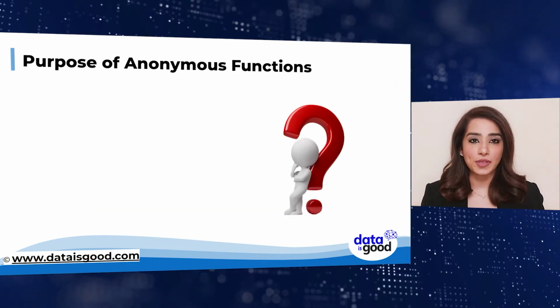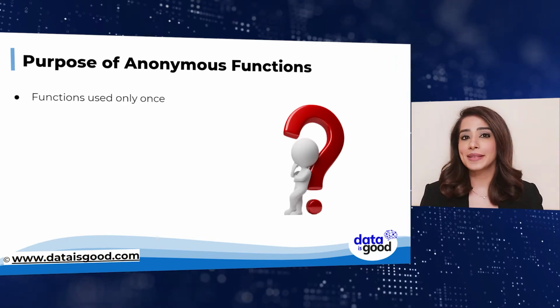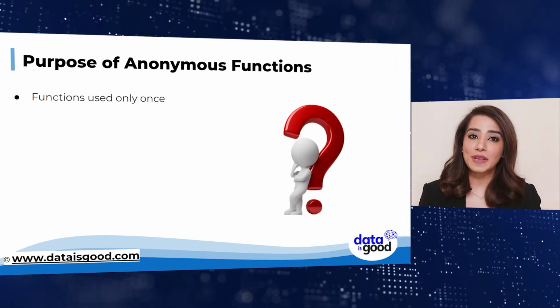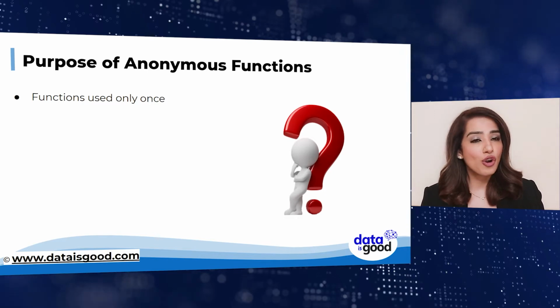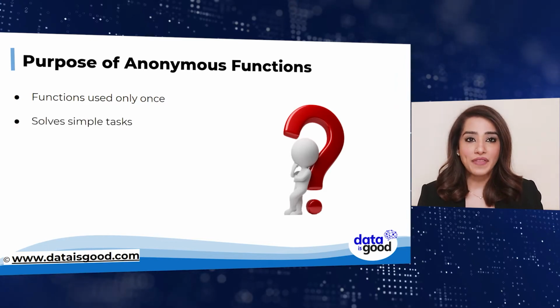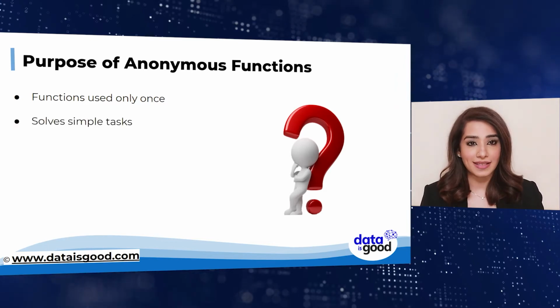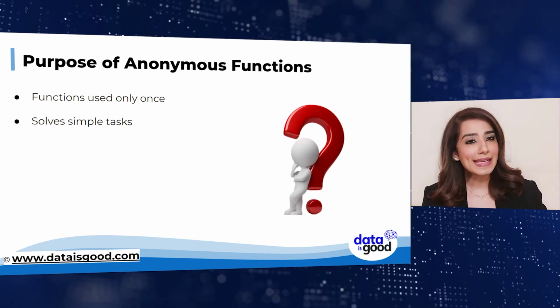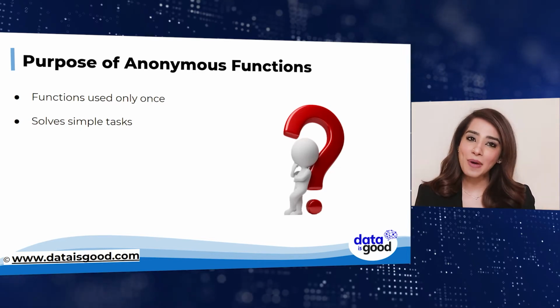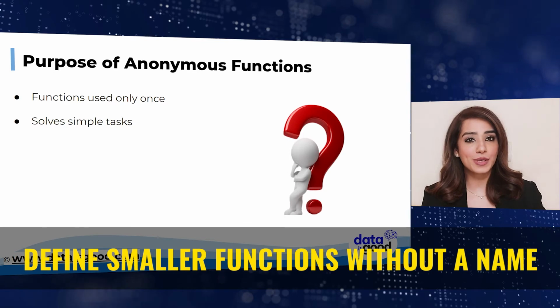The main purpose of anonymous functions comes into picture when we need some function which is going to be used only once or only for a certain number of times. The anonymous functions are also helpful when we have to solve simple tasks. We can say that these anonymous functions help us to define smaller functions without a name.